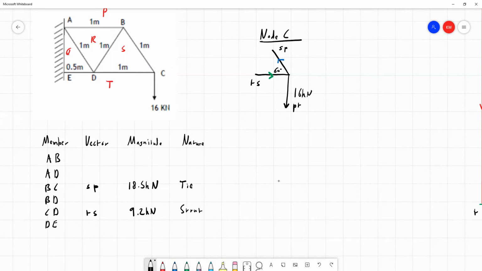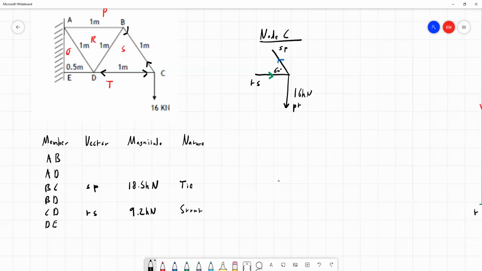But what we can indicate is that for the vector BC, the forces act away from the nodes that this member is joined to, and for the member DC or CD, the forces act towards the nodes. So this is giving us some valuable information we're going to be able to use to do some nodal analysis on other nodes as part of this structure.